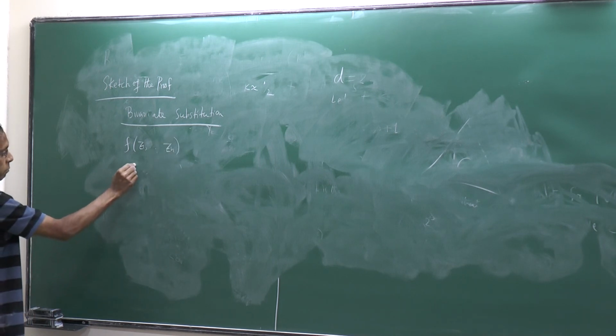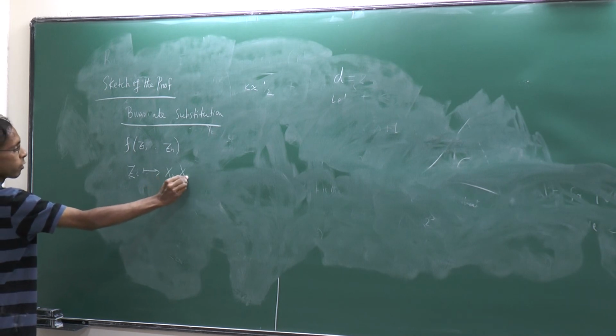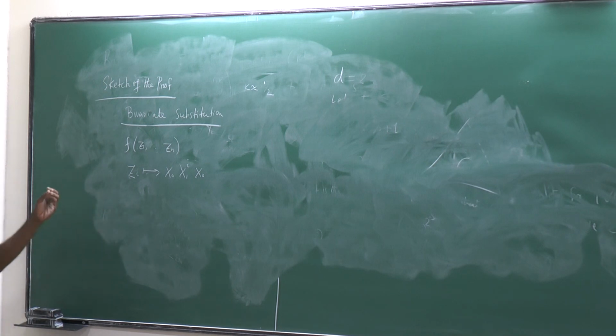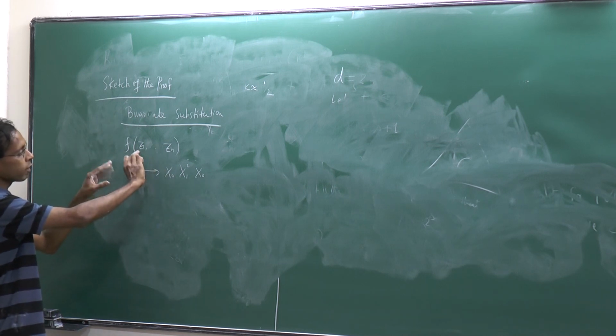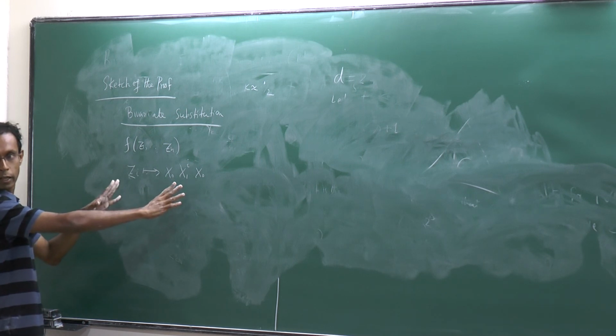And make a bivariate substitution, that is, substituting z_i by x0, x1 power i. It's just an encoding. Every variable z_i you just write over new variables x0, x1 power i and x0. So this will change every monomial of the polynomial f into monomials over the new variables x0 and x1.